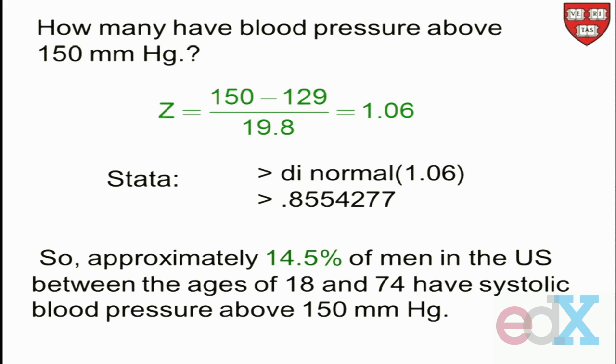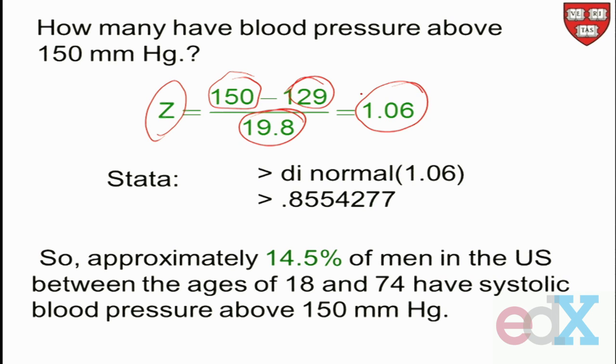We can change that a little bit and ask statements directly on the X scale. For example, how many have blood pressure above 150 millimeters of mercury? In order to answer that question, we go from our X scale of 150, subtract the mean, divide by the standard deviation, to a statement about our standardized Z, and it turns out to be 1.06.